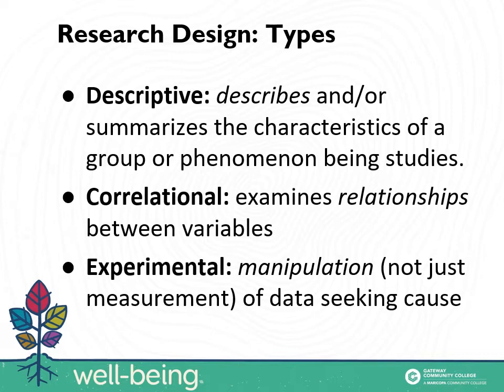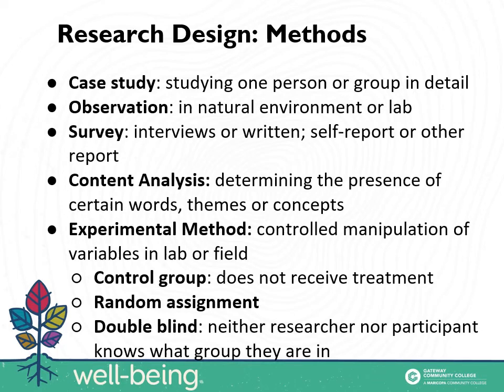So if I change a certain variable, does it cause another variable to change or not to change? So those are really carefully crafted experimental conditions, usually in a lab, because that can really be controlled, but it can be in the field as well. So some of the methods of research are as follows.